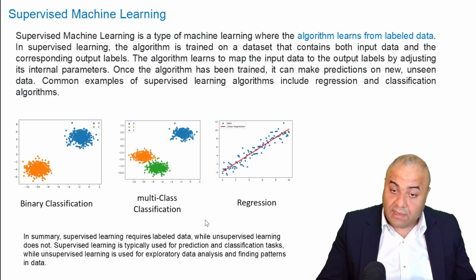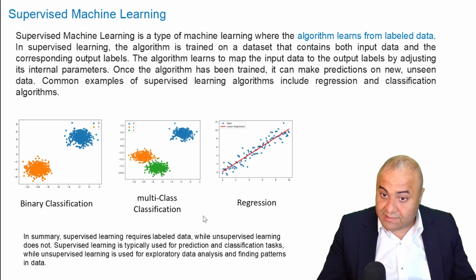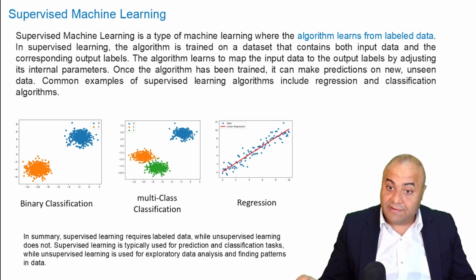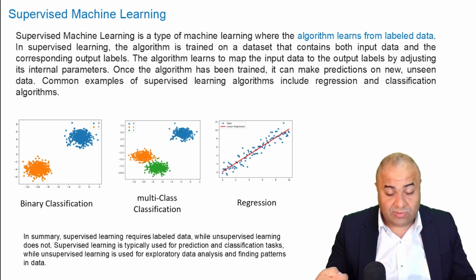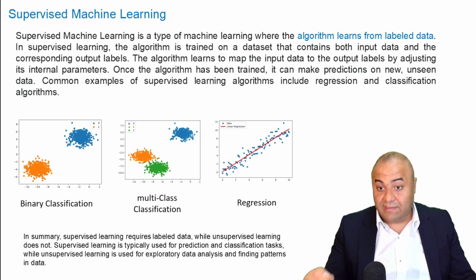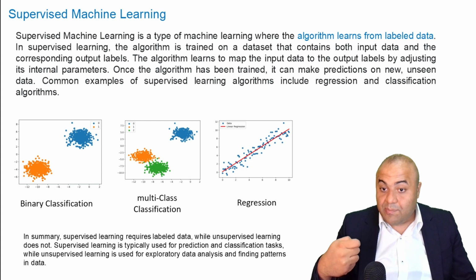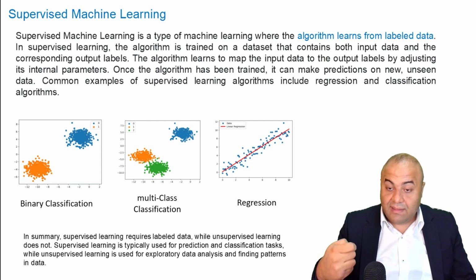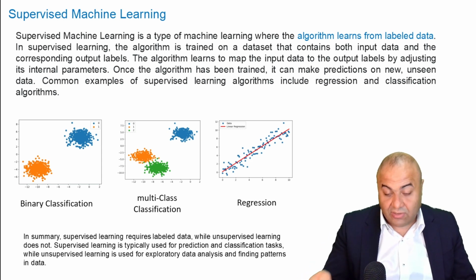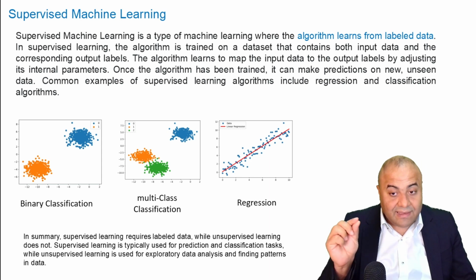Another type of supervised learning is regression, where you're trying to predict a value. In our case, we will predict the remaining useful life of an aircraft engine. So we are predicting a value.